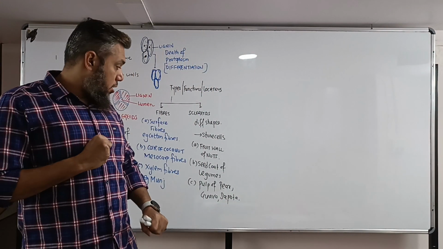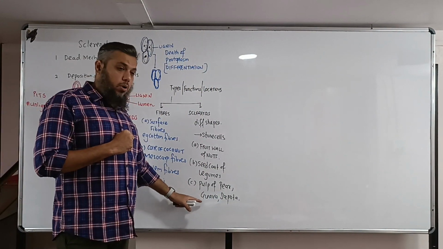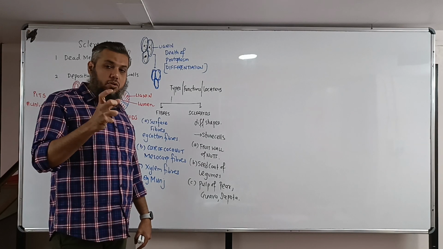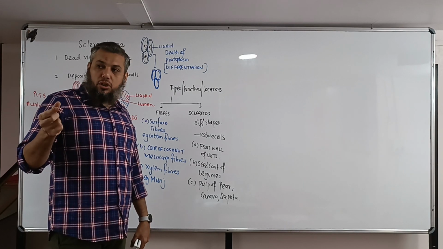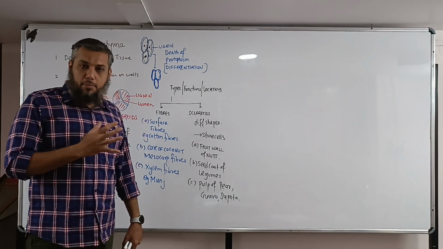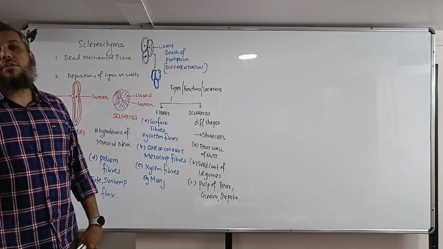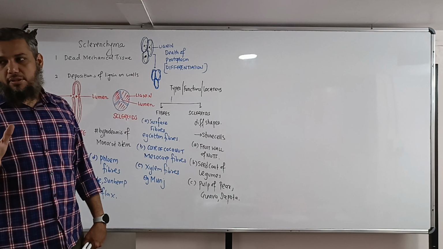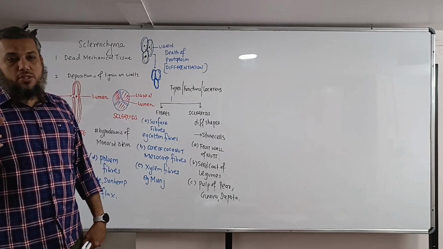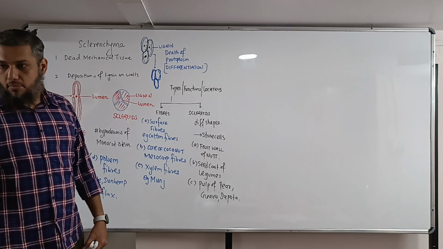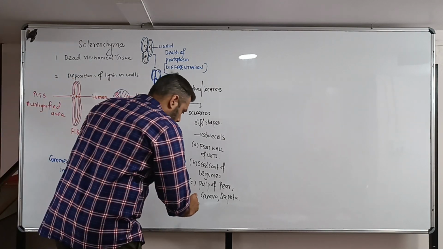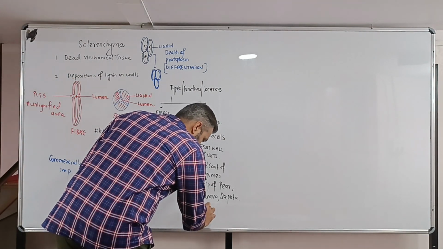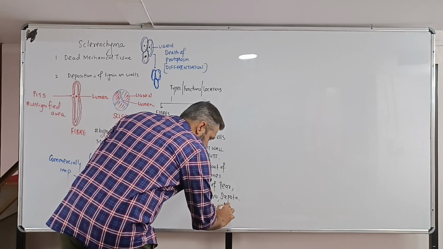When they are raw, the pulp of pear, guava and sapota is very tough because of the presence of sclereids. But you got the logic why it is tough. But when you eat, is it tough or is it soft? Soft. And there is a physiology called fruit ripening behind it. And the reason is because you want seed dispersal. Similarly, it is also found in the leaves of tea.